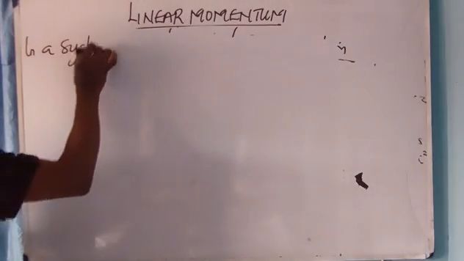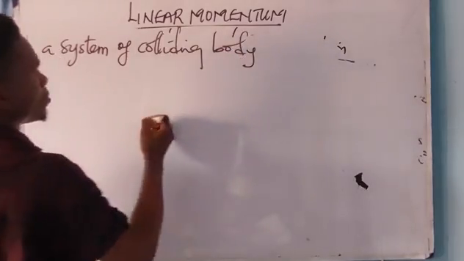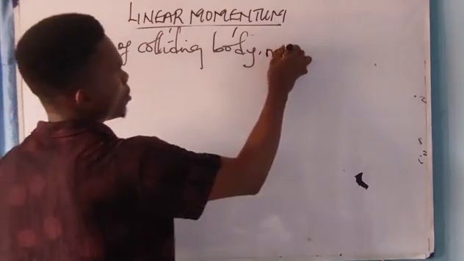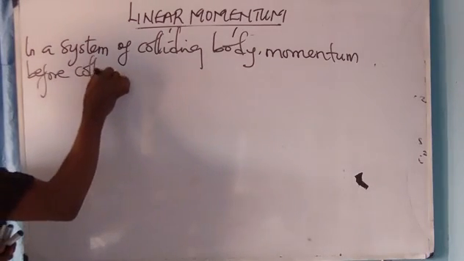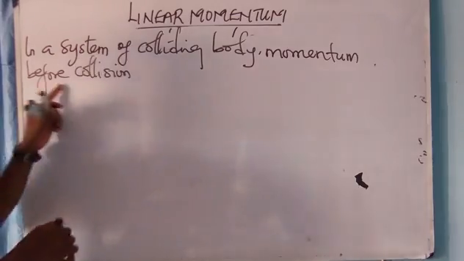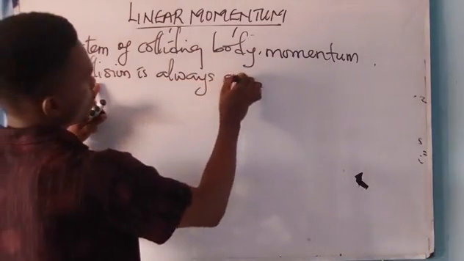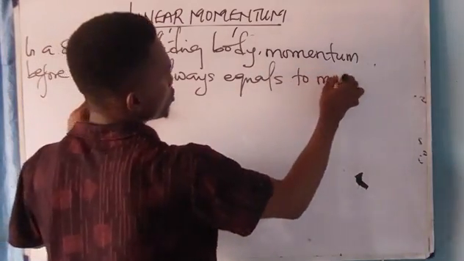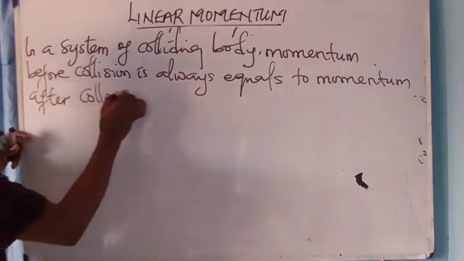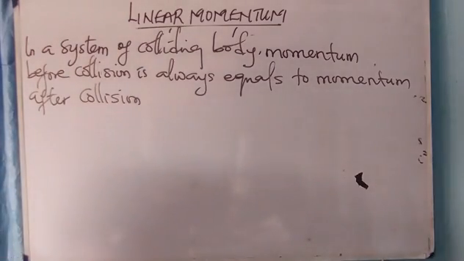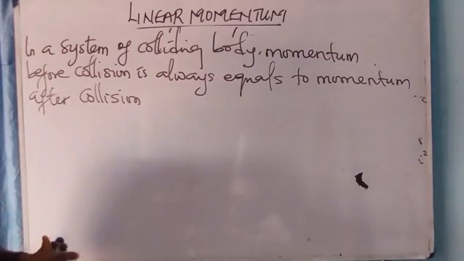In a system of colliding bodies, momentum before collision is always equal to momentum after collision. There are two types of collision.